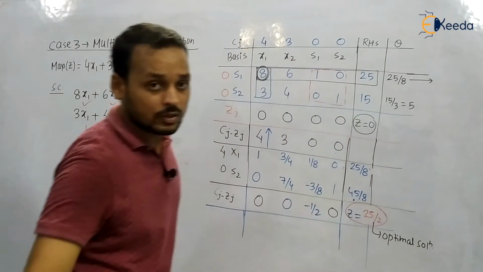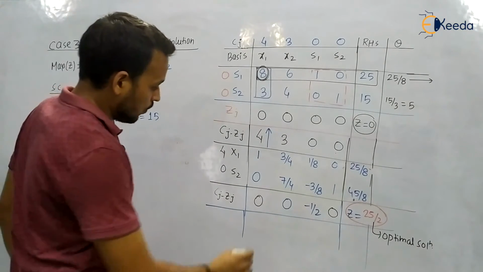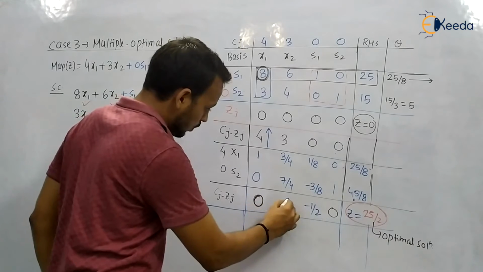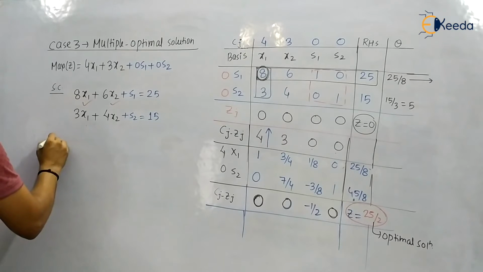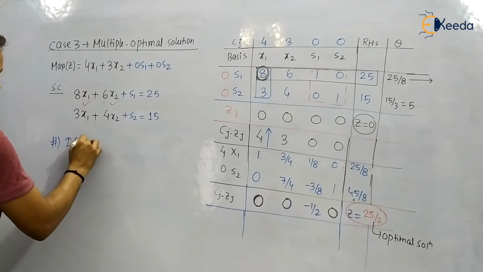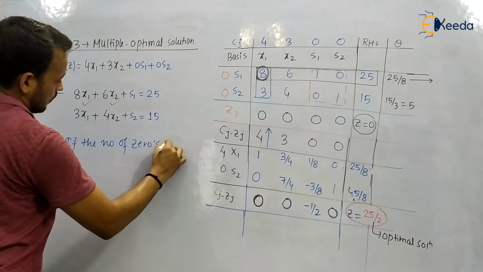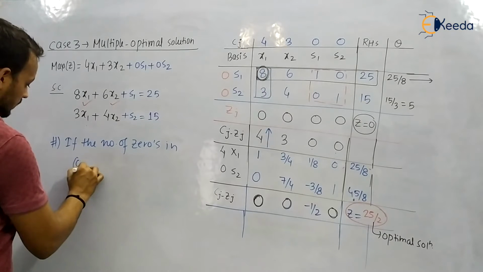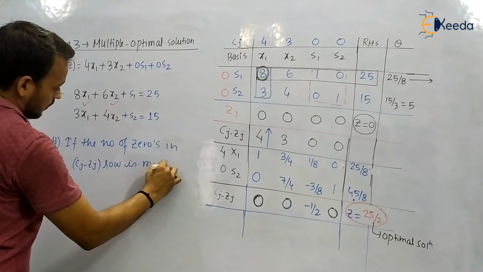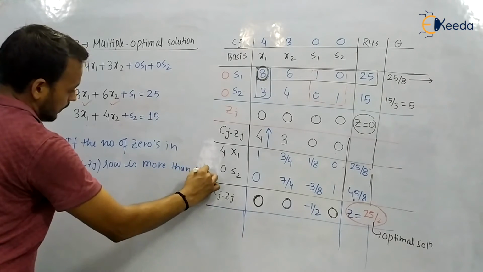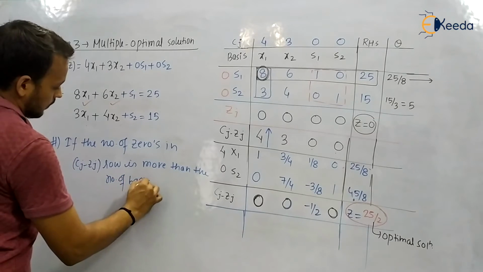So how you can say it is a multiple optimal solution? Okay, since more than 2 zeros are obtained. I am just writing the important point: if the number of zeros in Cj minus Zj row is more than the number of basic variables.